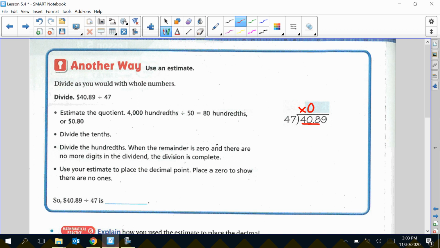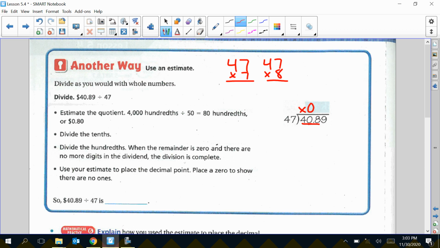Well, it's in the 400s, so it's almost 10 times. So we know it could be 9, it could be 8, it could be 7. You should try 47 times 7, 47 times 8, or 47 times 9 off to the side to get to the closest that we can get.